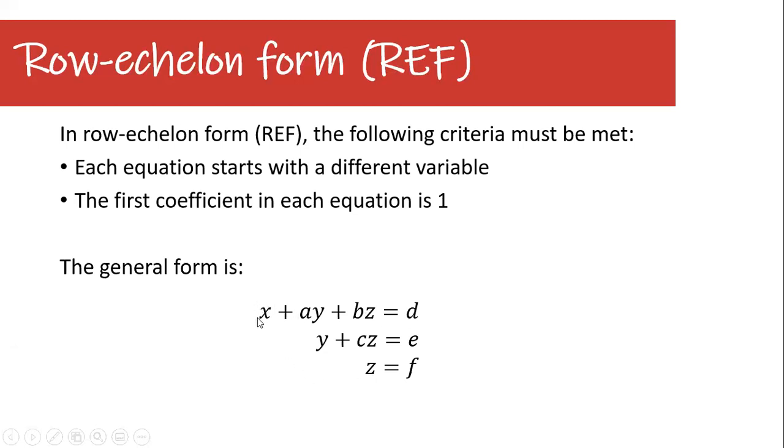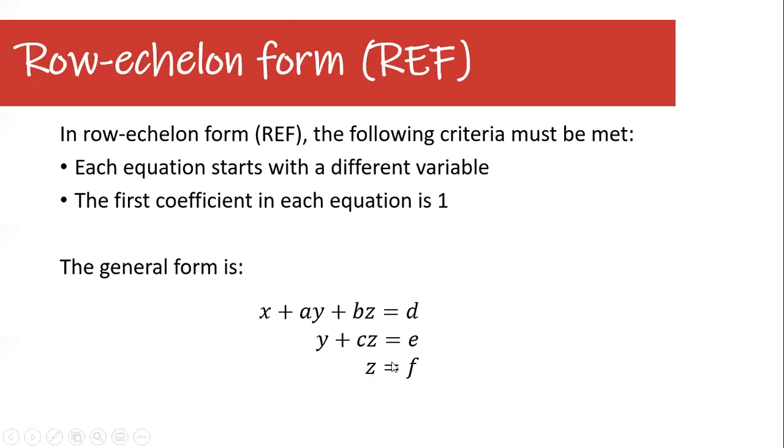Notice the x doesn't have a coefficient because it has to start with 1, so x is the same as 1x. Here we have y plus some number times z equals e. Again, it would be 0x here, 1y here. And down here, z equals f. So we'd have 0 as the coefficient for x, 0 for y, and 1 for z.